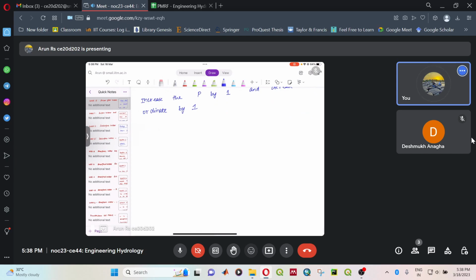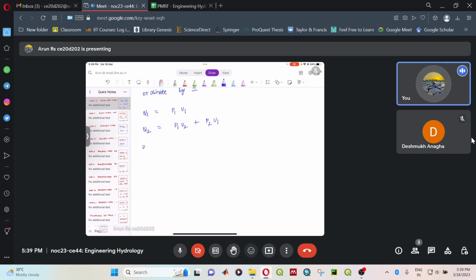So that is, if you want to write for Q1, we can simply write P1 U1. But if you want to write for Q2, we will increase the precipitation term by 1. So for the first term, we'll be writing P1 into U2, and for the second term, we will increase the P by 1 and decrease the U by 1.